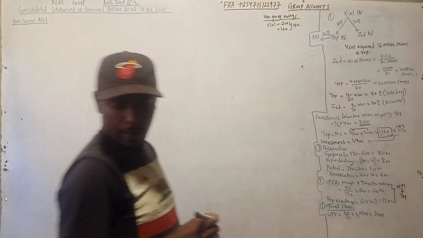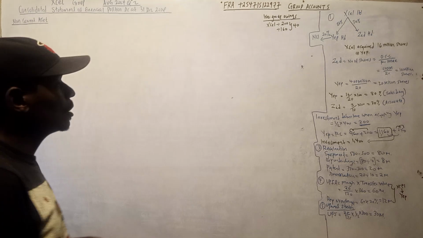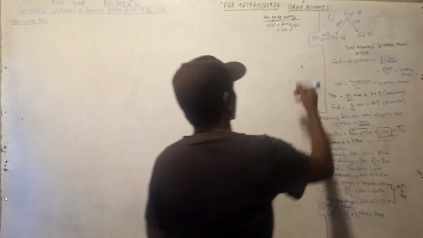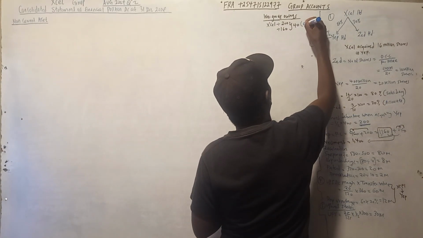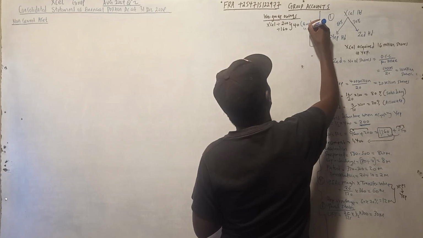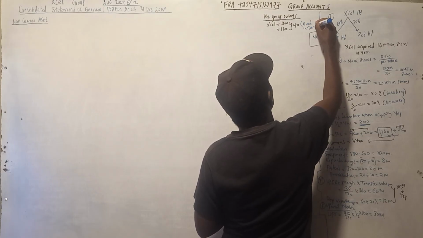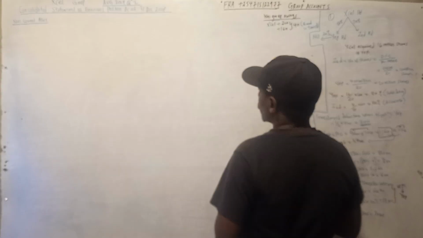But this 40 was never received. So that 40 is goods in transit. Now we shall do a working for that one later. For now, I think we can reach up to that point.